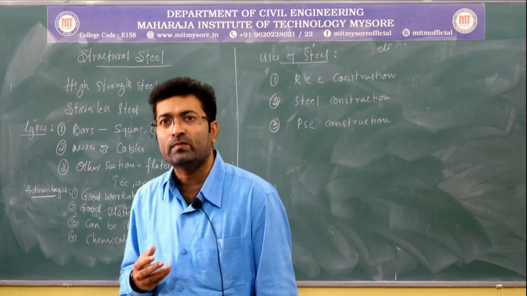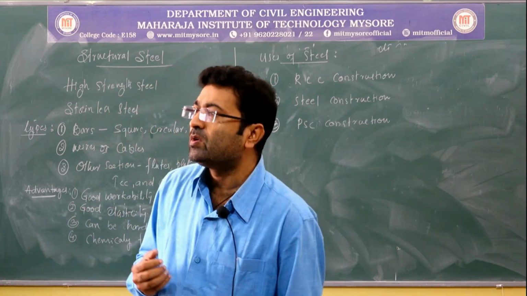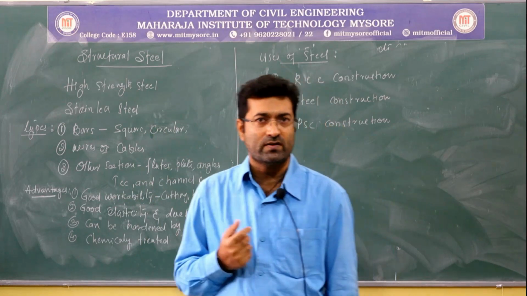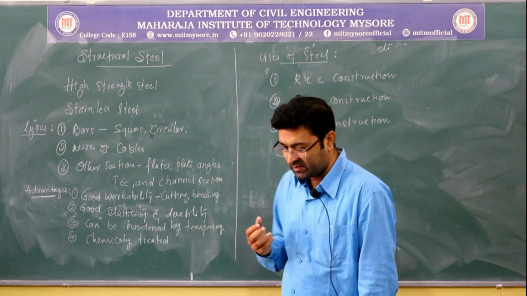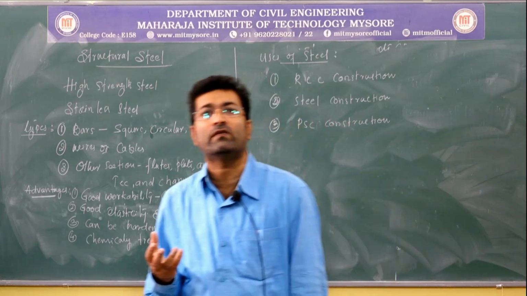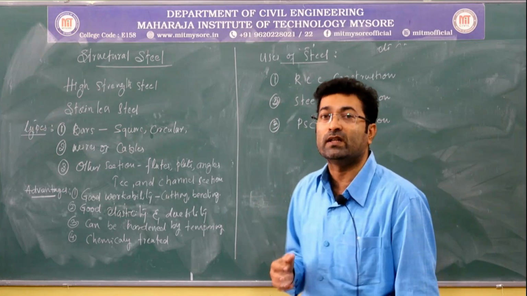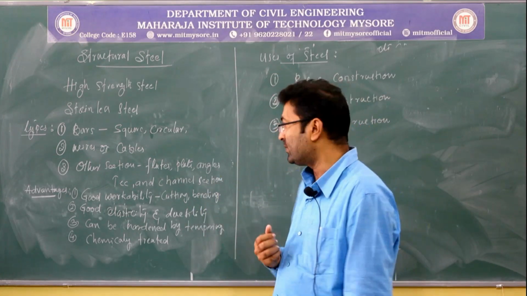These steel bars are available in different forms. This steel is available in the form of steel rods, which we call steel bars, or it is available in the form of wires or cables, which I was mentioning in the pre-stressed concrete. We use it for the tensioning purpose.